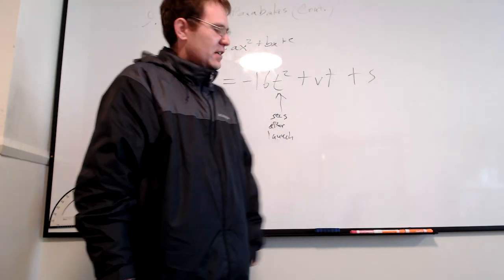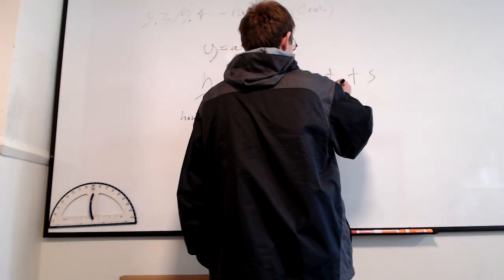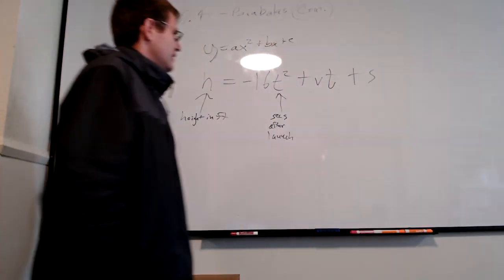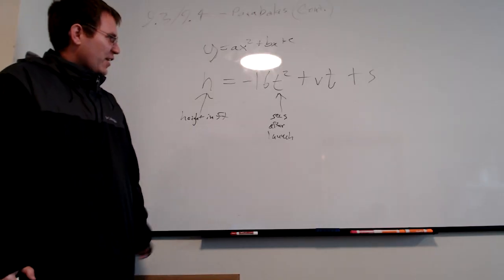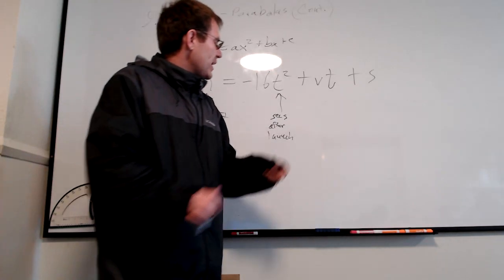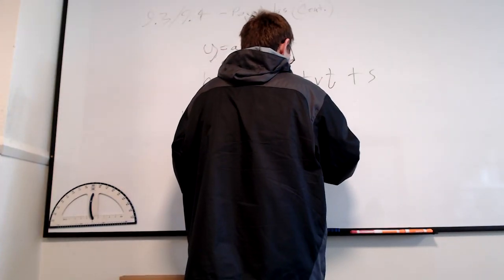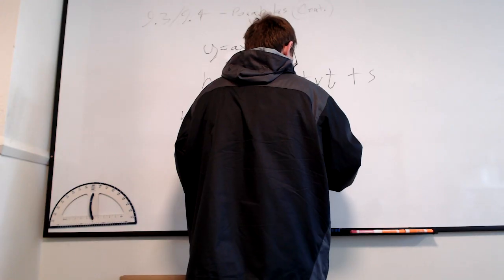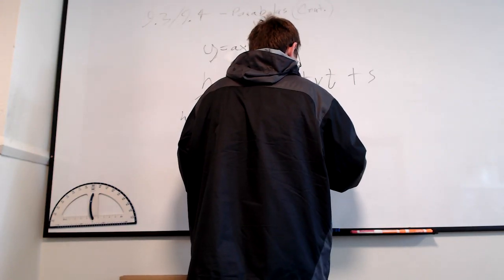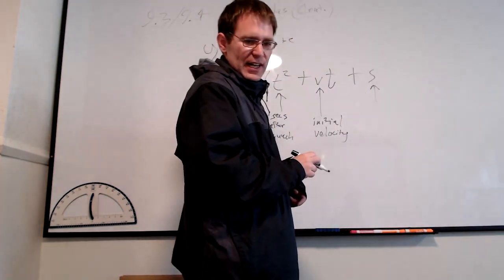Make your second t loop like your first one. Yes, very good idea. There you go. Seconds after 1. And then we have here initial velocity. And then here, I believe, is the initial height.